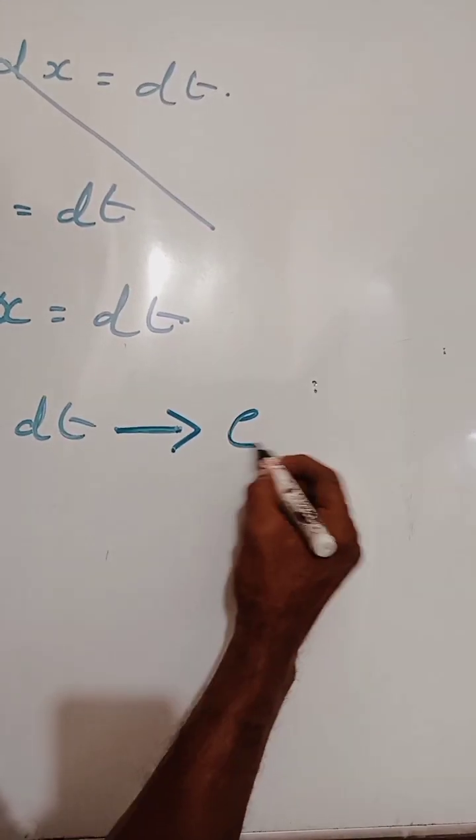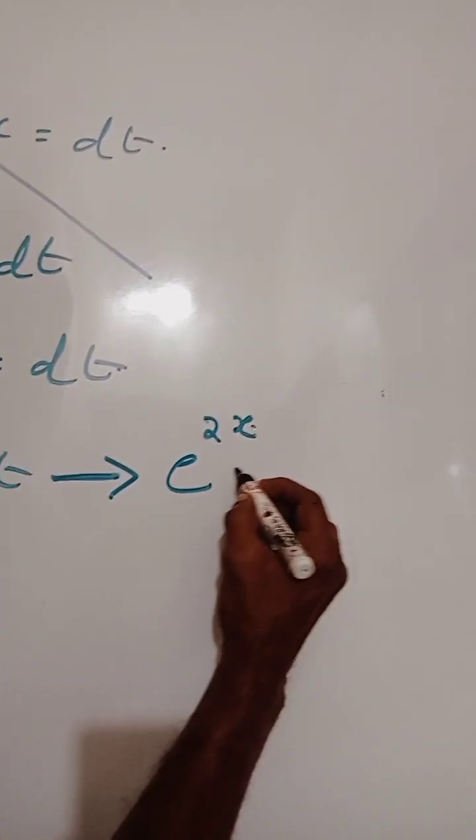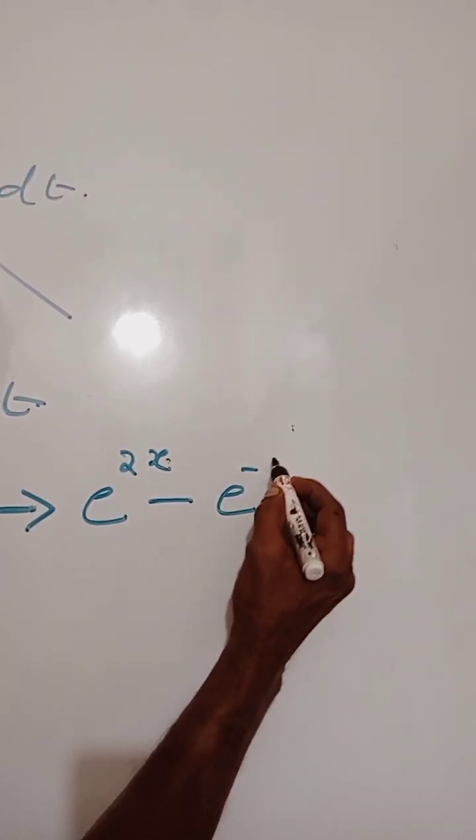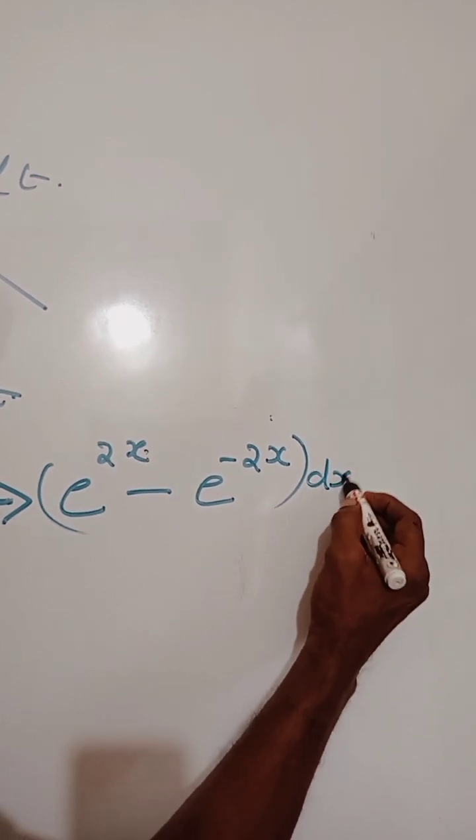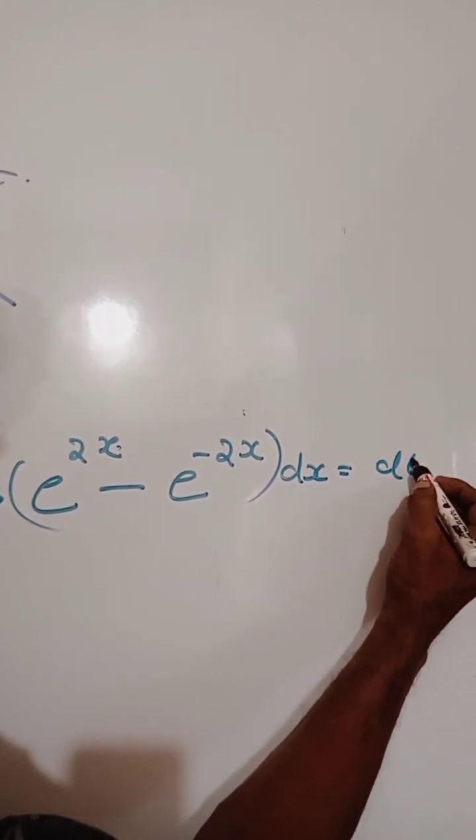Implies that e raised to 2x minus e raised to minus 2x into dx is equal to dt by 2.